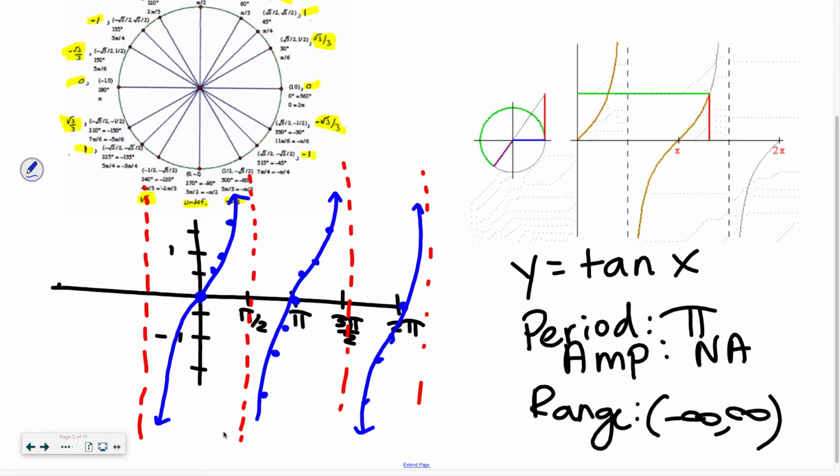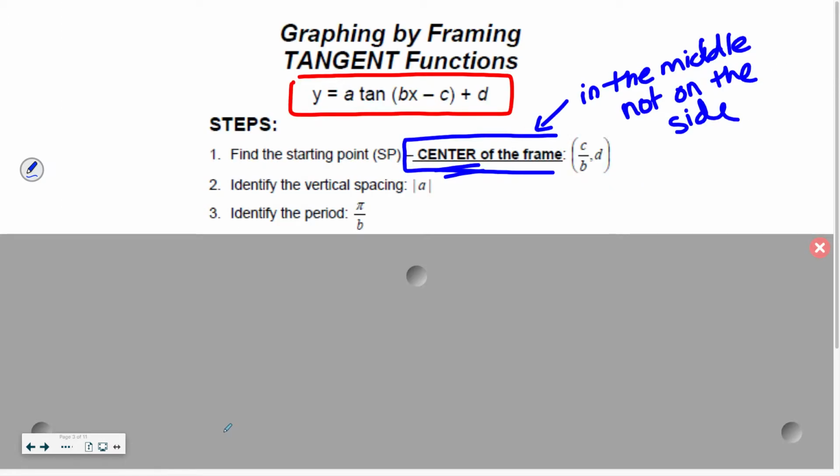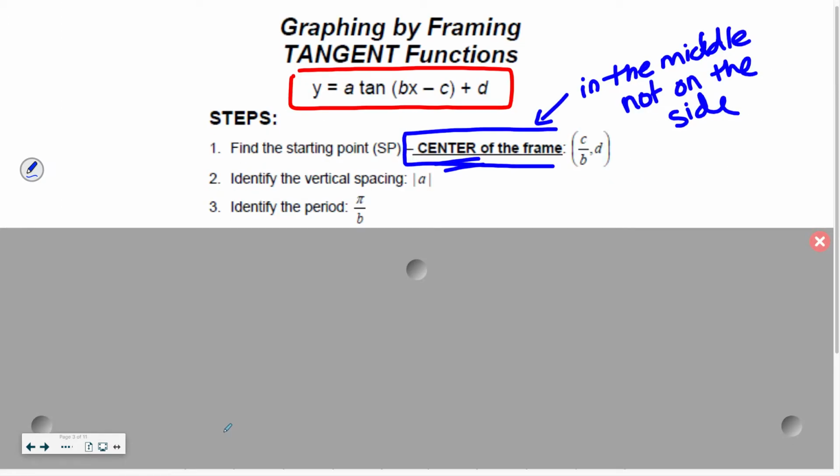We would have part of tangent on the left and part of tangent on the right, but we'd never see the whole curve. So we're just saying, instead of looking right there, let's shift it so our asymptotes will be on the side of the window of the frame, and then we'll get to see the whole curve in the middle. So that's why we're putting the starting point in the middle now.